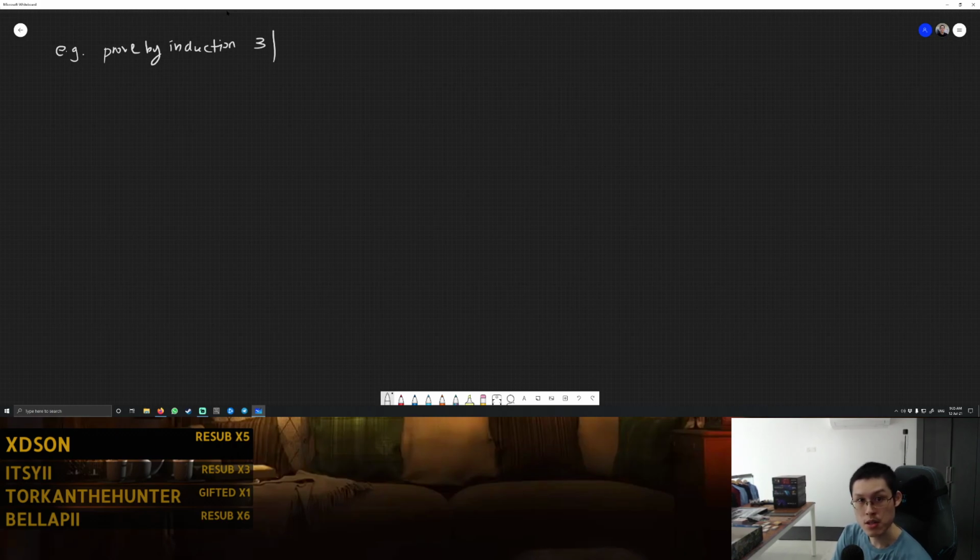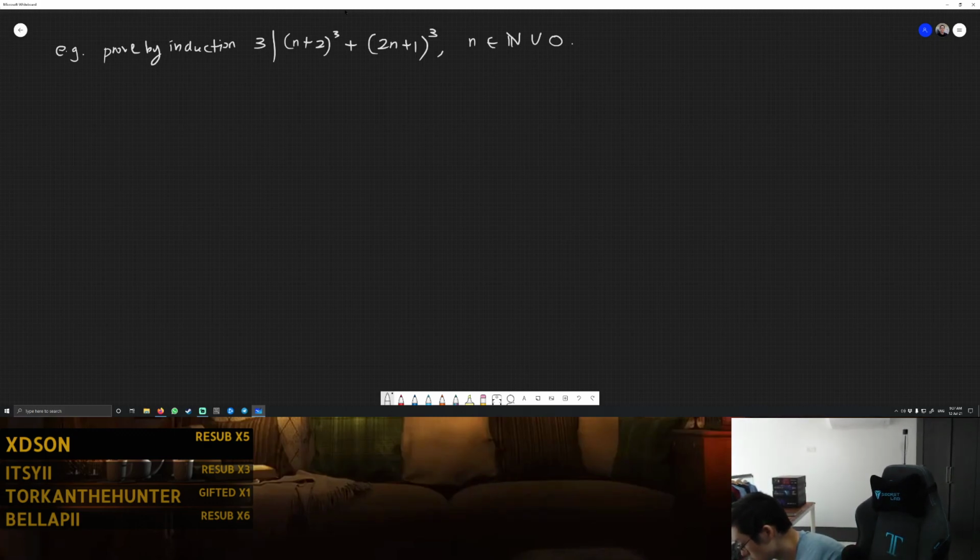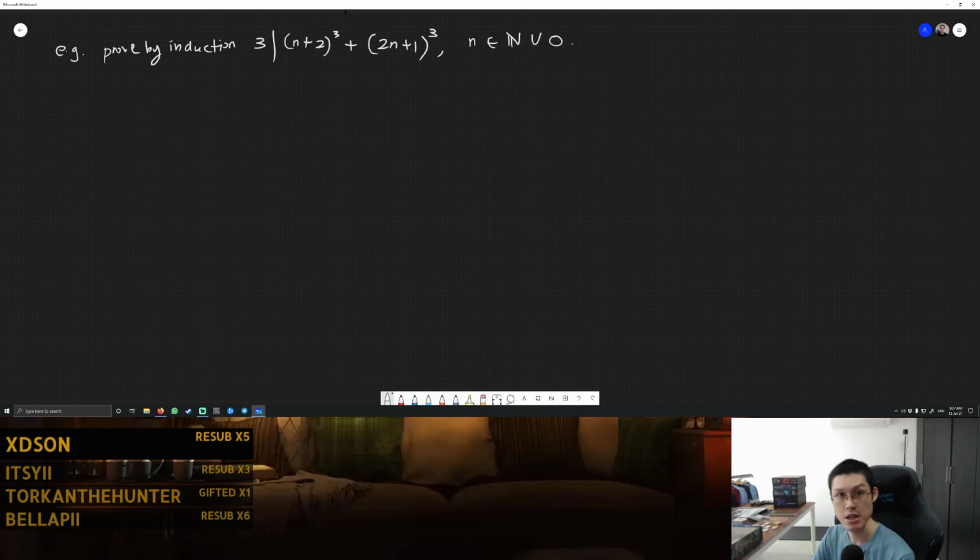Okay, so proof by induction that this function here is divisible by 3: (n + 2) cubed plus (2n + 1) cubed, such that n is a natural number, including 0. Okay, so if you're feeling adventurous, you can try this alongside me and see whether you can get the same answer. Okay? All right, here we go.